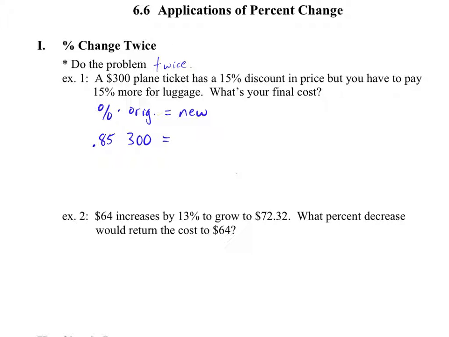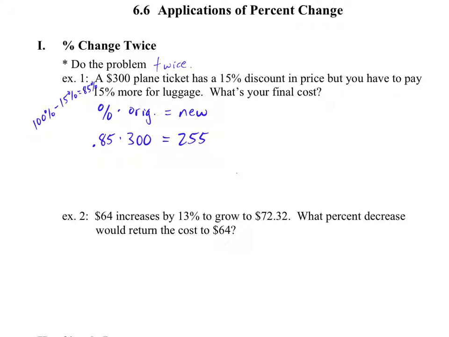Because, just to review, you started out with 100% of the cost. They're taking off 15%, so you have to pay 85%. So we're trying to figure out what's 85%, the percentage we have to pay after they take off 15%. If I do 0.85 times 300, that gets me down to $255. So after the discount, my plane ticket's $255.